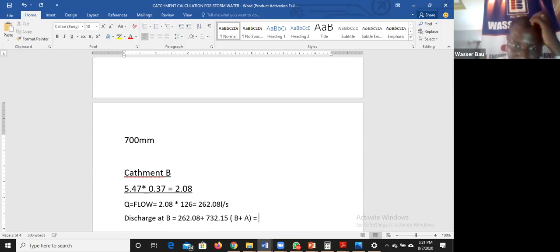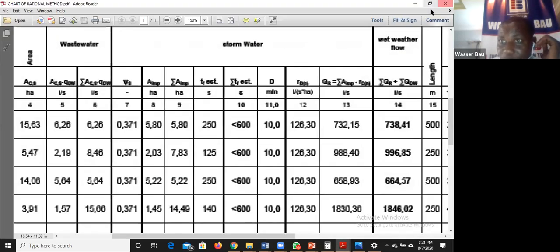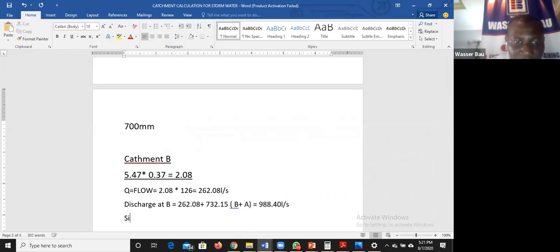And that will give you 988.40 liters per second. Therefore, size of pipe.